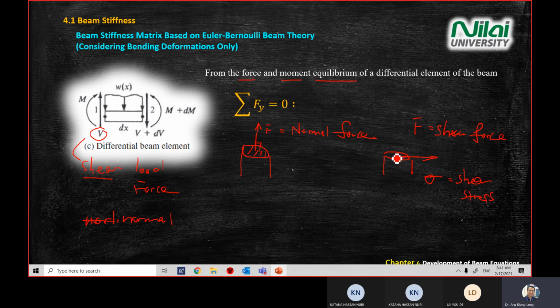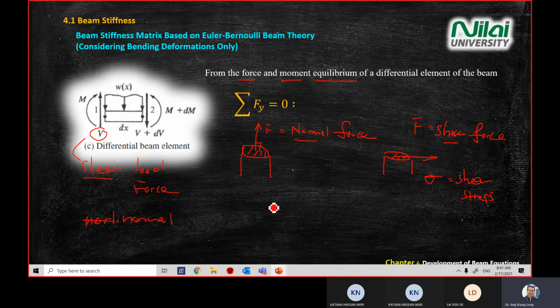The important concept is the relationship between the vector and the area. If it's parallel to the area, or moving along the area, it becomes shear force or shear vector. If it is normal or 90° to the area, it will become normal force.